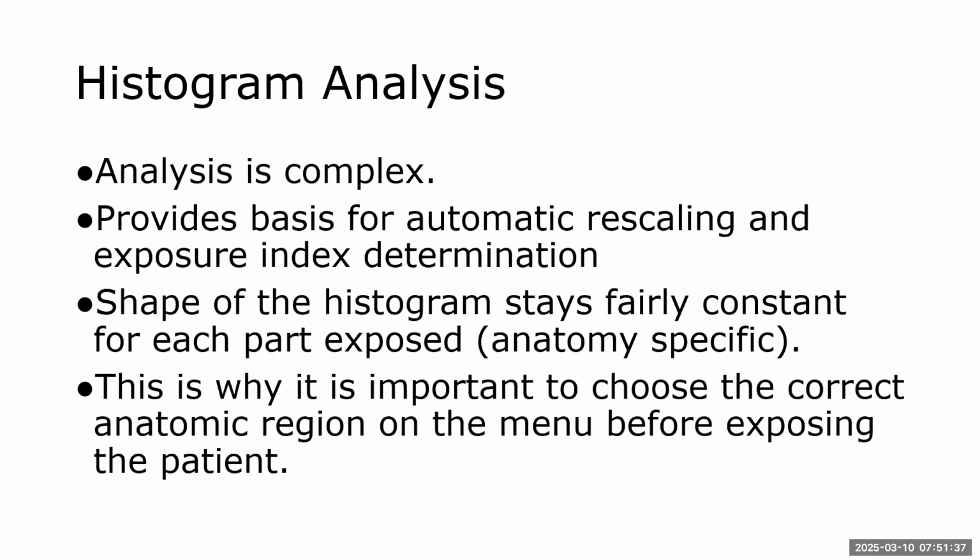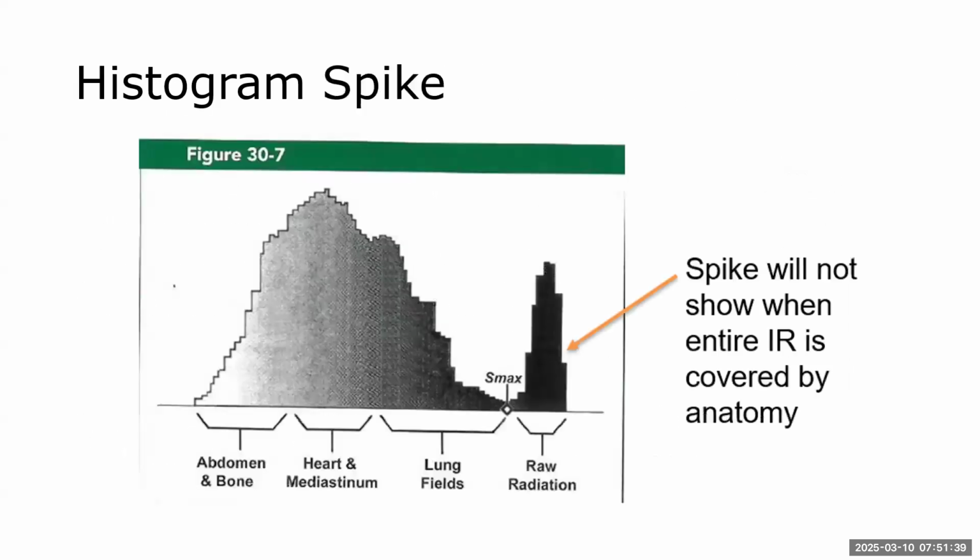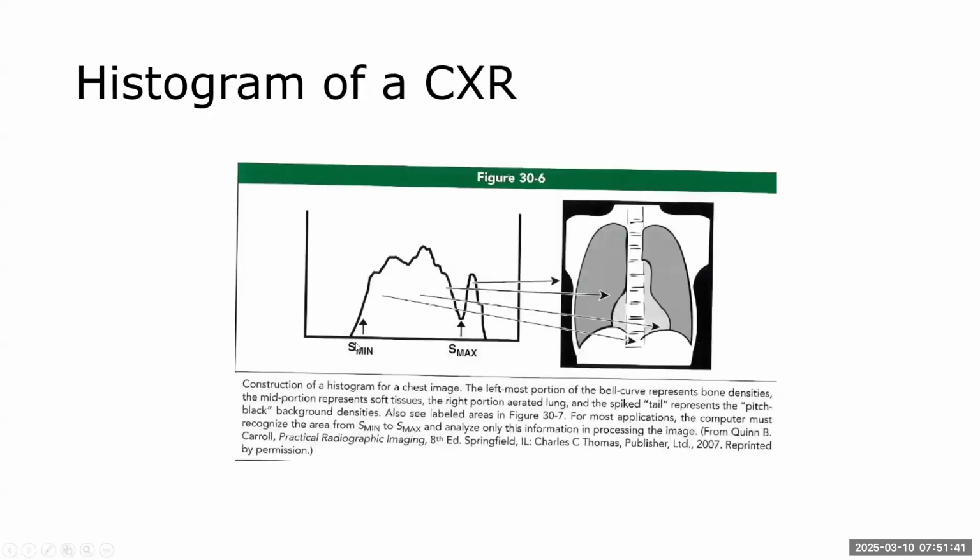It looks for minimum and maximum pixel values. So let me just jump back here for a second. What it's doing is looking for these minimum values and the maximum values of the values of interest, so that it excludes things like this spike, where we know that's not the anatomy, that had no anatomy over it.